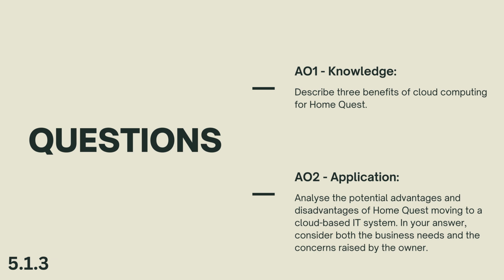Now, let's move on to an AO2 question that requires a bit more analysis. Analyze the potential advantages and disadvantages of HomeQuest moving to a cloud-based IT system. In your answer, consider both the business needs and the concerns raised by the owner.